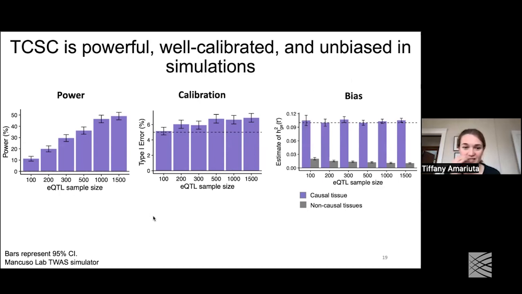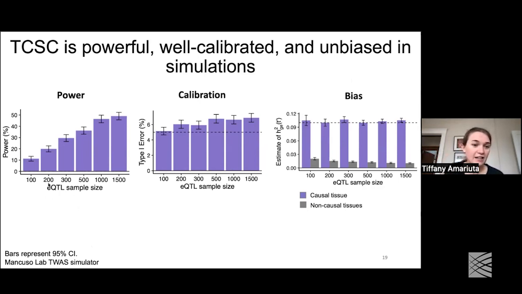For these simulations, we've used the Mancuso Lab TWAS simulator as our primary way of generating data. And we've used 10 tissues where in these primary simulations, one is causal.